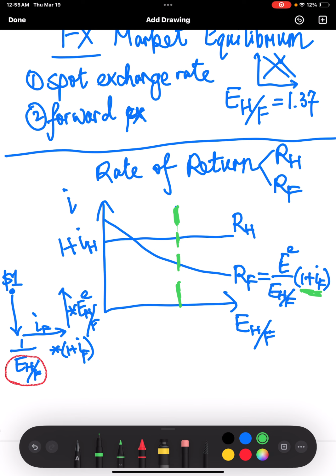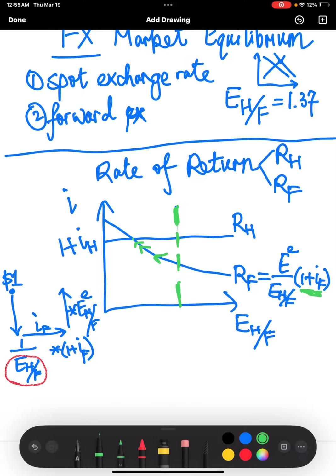So when the demand for the home currency increases, the exchange rate actually decreases, because your home currency appreciates. So whenever it's not at this equilibrium, it's going to move towards it from the right.